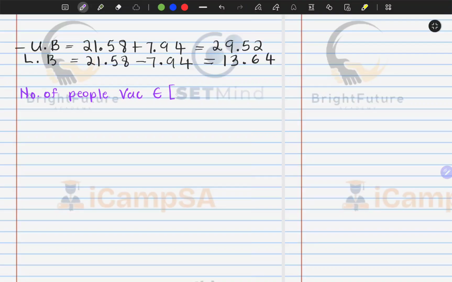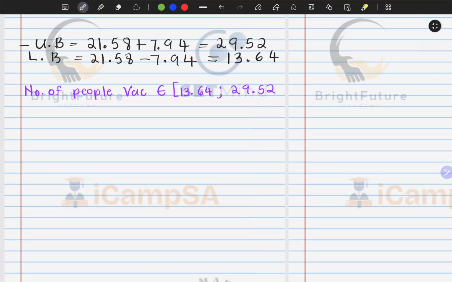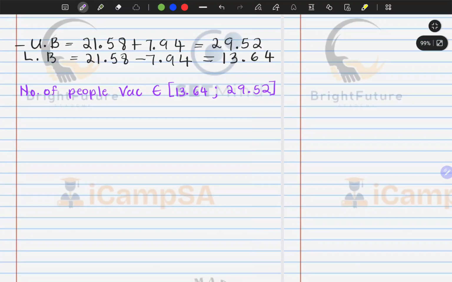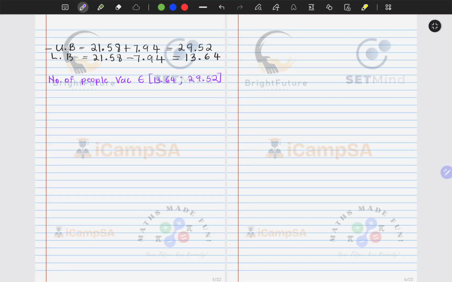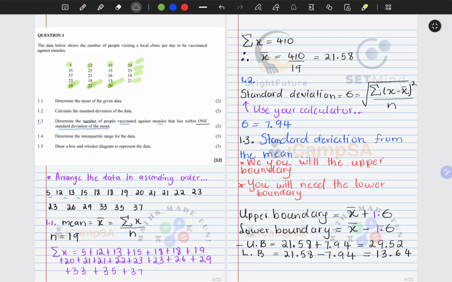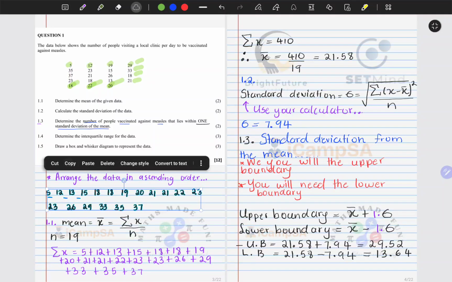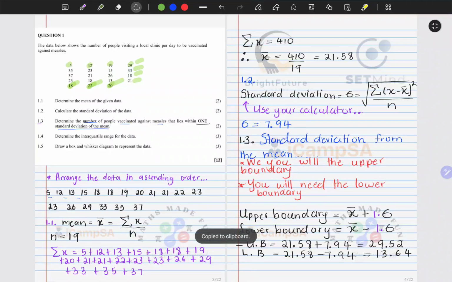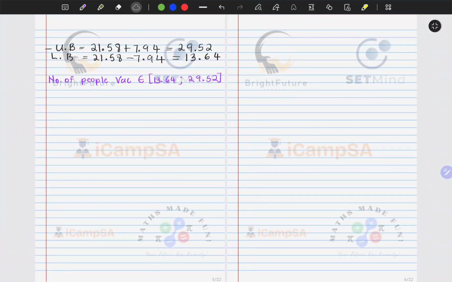So we look at an element from 13.64 up until, if you look at the deviation, 29.52. So now what we need to do is go and fetch this data here, which speaks to the number of people who visit the clinic to be vaccinated per day.